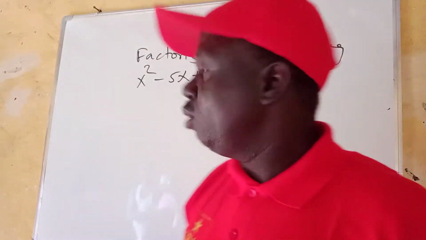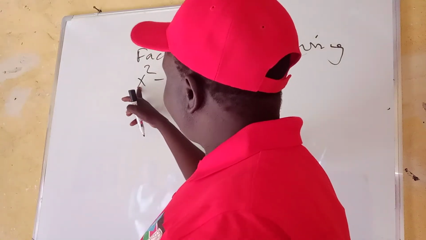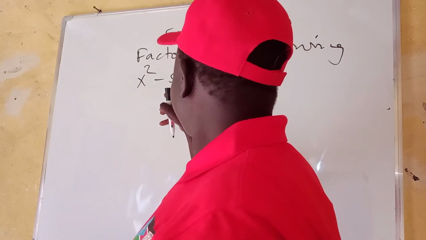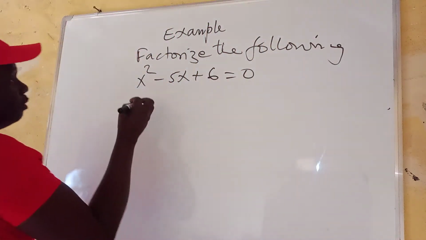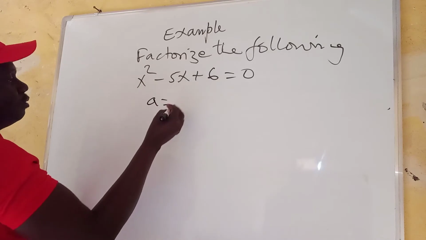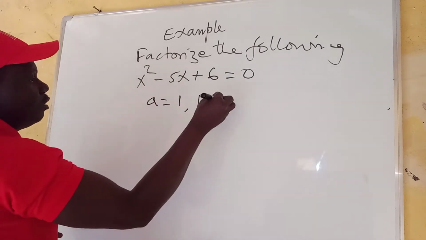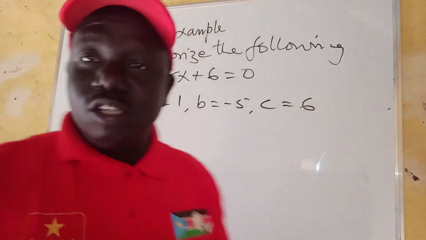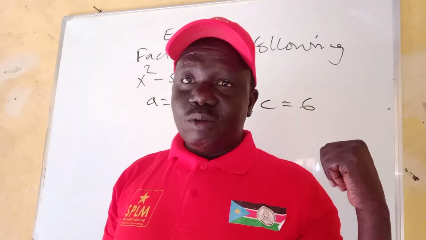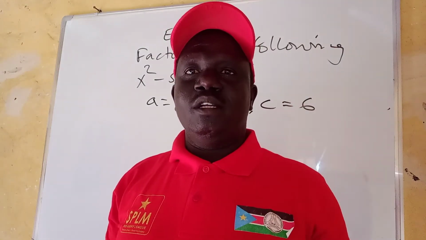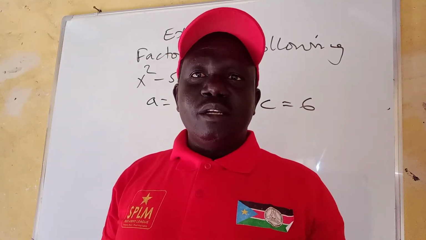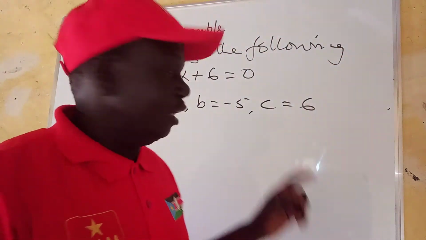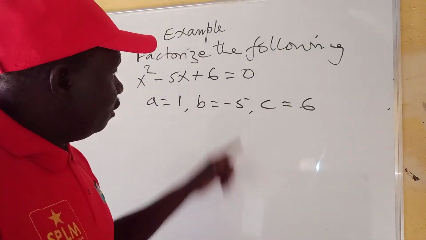The first thing we have to do is find the numeric coefficients of x squared and x. So we have a is equal to 1, b is equal to -5, and c is equal to 6. A, which is 1, is the numeric coefficient of x squared. B is equal to -5, the numeric coefficient of x. And c is the constant.